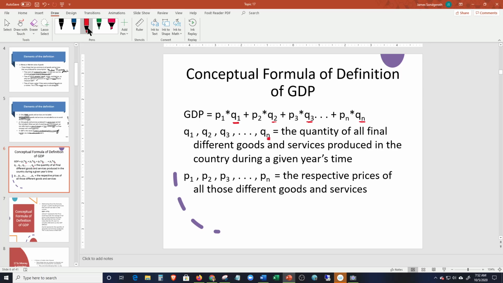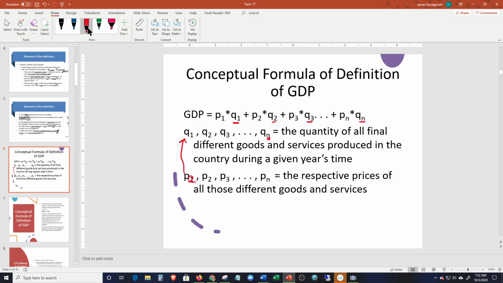All right. So all of these numbers represent a different product or service, and the quantity of all final goods and services produced in a nation in a given year's period of time. And then these prices are the prices connected to each individual identifiable product or service, okay?